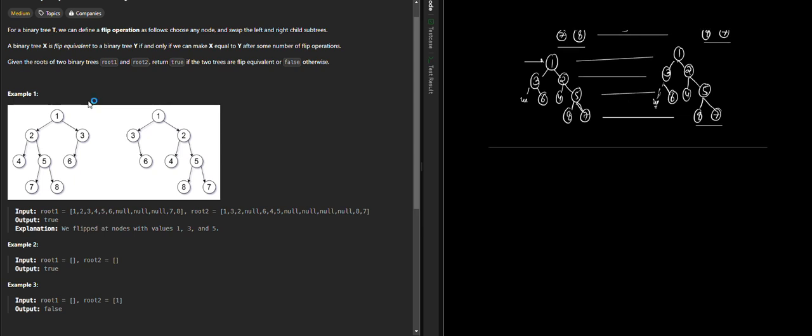Currently we are standing at the root. At the root we check the left subtree and right subtree, and in each of those again the left and right. If left and right are not both present, then we check: if any one of them is not present, we can directly return false.